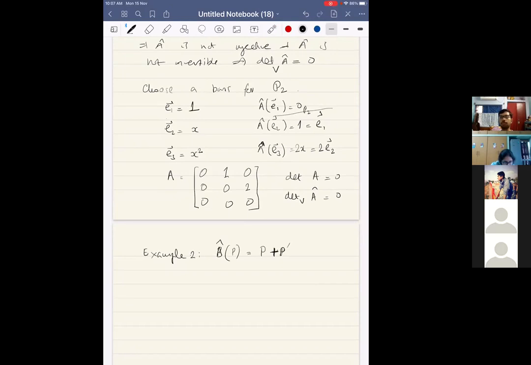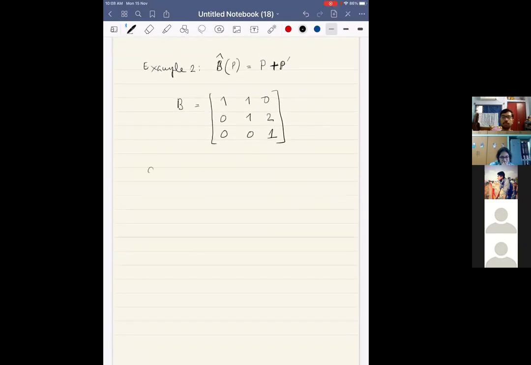If you look at the corresponding matrix B, it will turn out to be 1, 1, 0, 0, 1, 2, 0, 0, 1. And the determinant of this, you'll find out, is 1, which implies the determinant of B hat is 1.